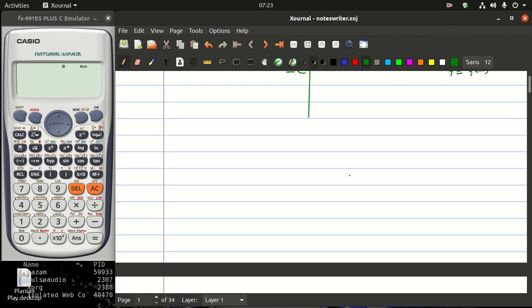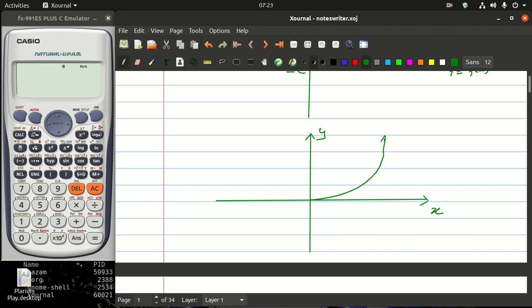Let me try a different example. Maybe that one will be much more clear. Here I have y, here I have x. Let's say this is y is equal to x squared.